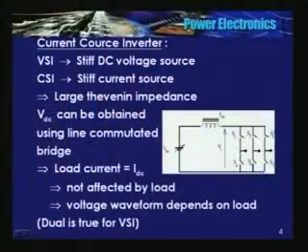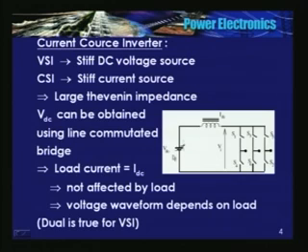See the power circuit configuration here. I have just shown 6 switches. The features of these switches we will see sometime later. A large inductor which maintains essentially a constant current here, and a variable voltage source, VDC.